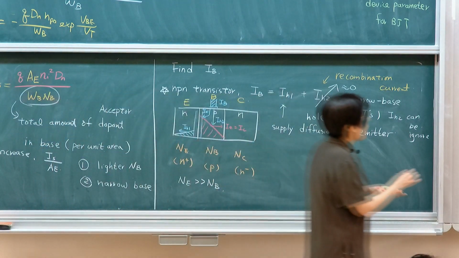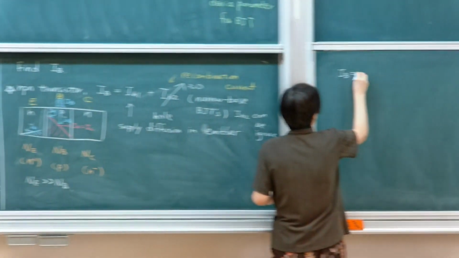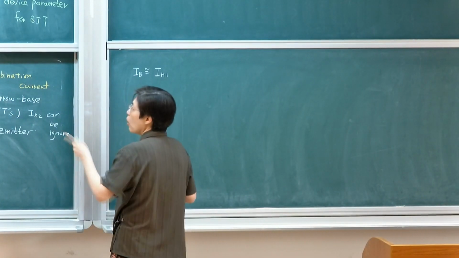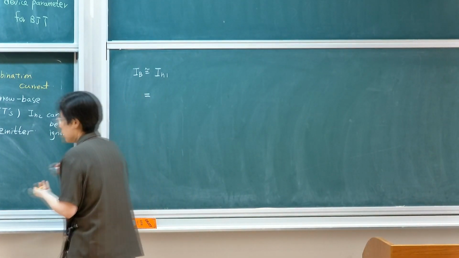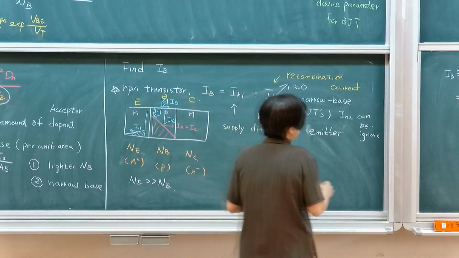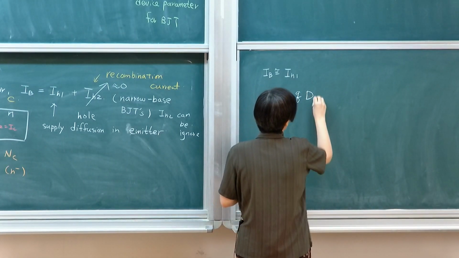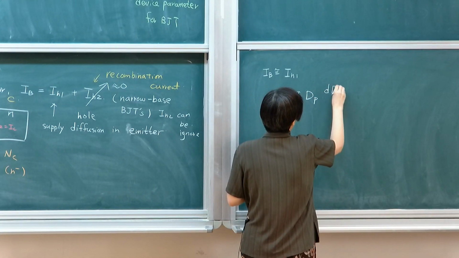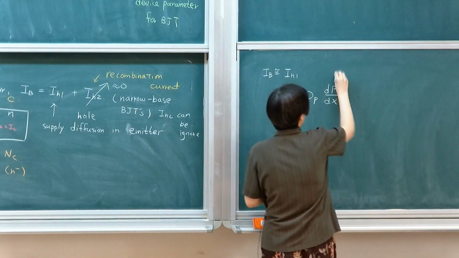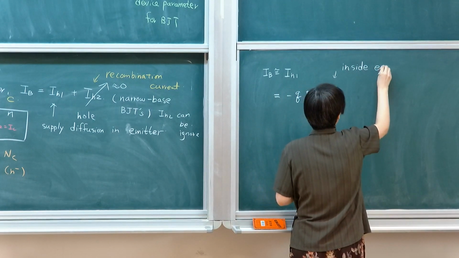So let's look at how one defines base current. Your base current is IB, we'll only consider IH1, which is the hole diffusion current inside emitter. So the current going in that direction is the same as current going into the base. So that will be minus q D_p dp/dx. Okay? So dp/dx is inside, let me emphasize again, this is the profile inside emitter.